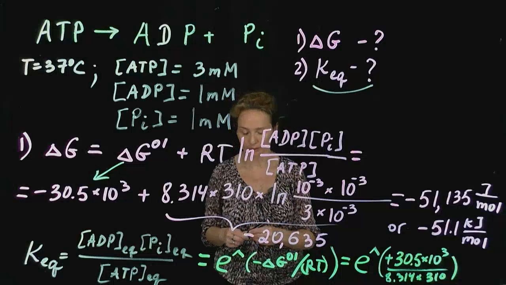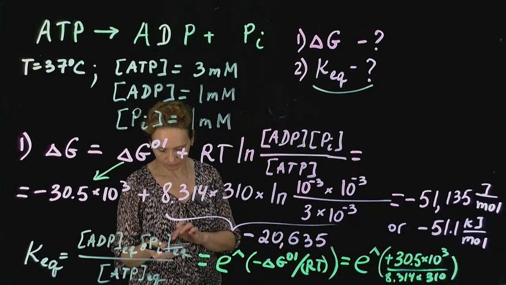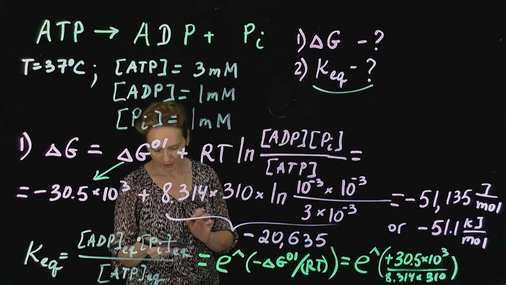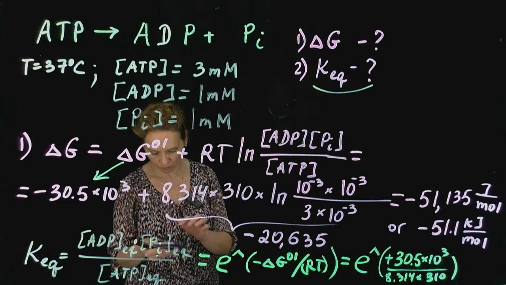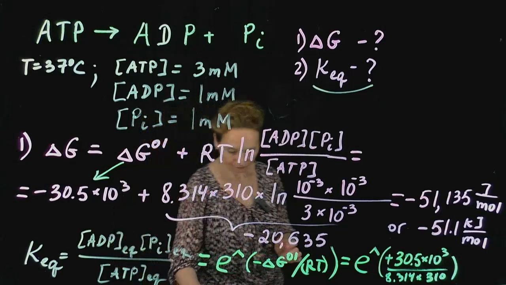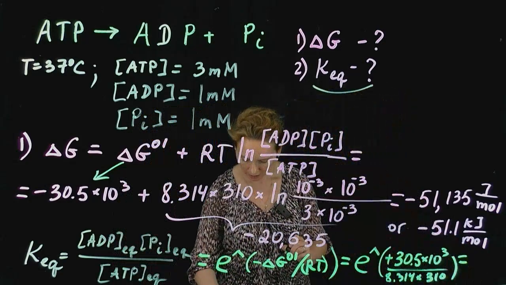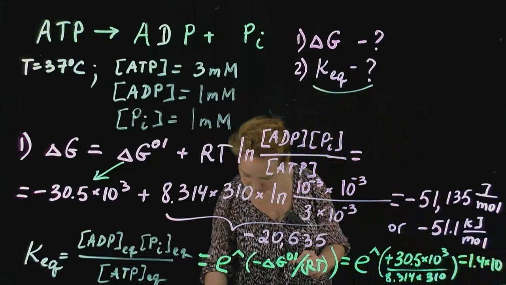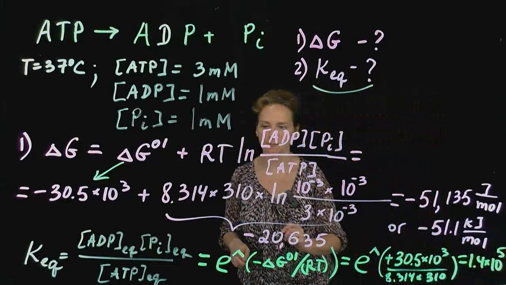The temperature will not affect much the equilibrium constant though. So 30,500 divided by 8.314 divided by 310, and it will be about 11.8. And now we need to do the exponential function, and so it's going to be around 1.4 times 10 to the 5.